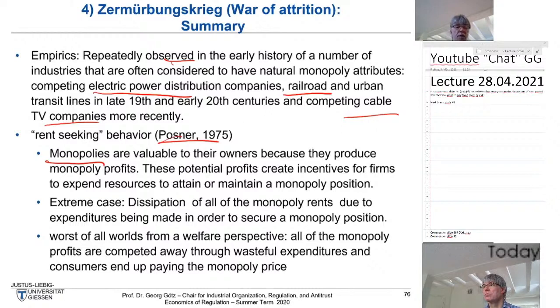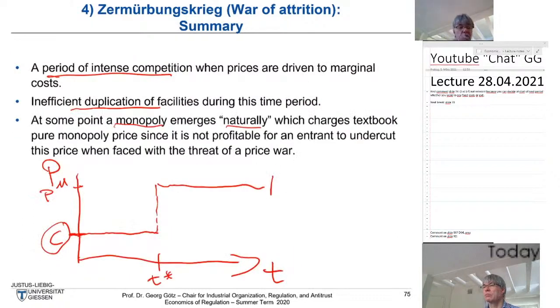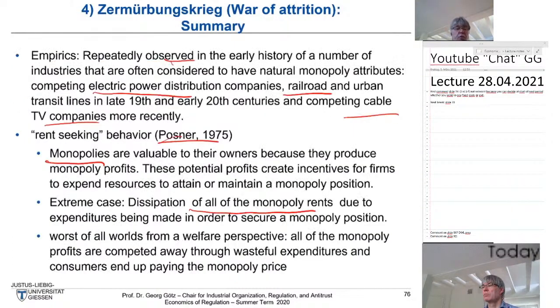And in the extreme, you have a dissipation of all monopoly rents. Again, we will get back to that. You have to pay so much in the first period that you can only cover the losses you previously had, and this is the dissipation of rents here.